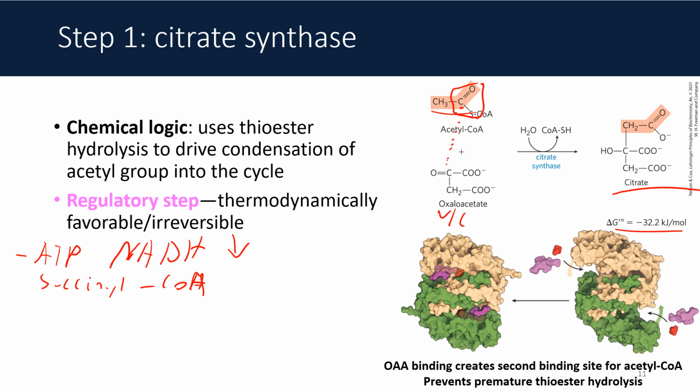That's an example of feedback inhibition. It's kind of like the opposite of feed-forward stimulation. We're going to have regulatory steps communicate with each other as well in the citric acid cycle. Of course, for our activators, ADP, that's going to speed up the enzyme because it means we're not making enough energy.